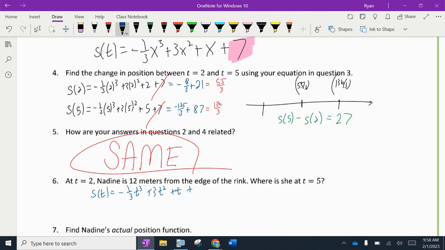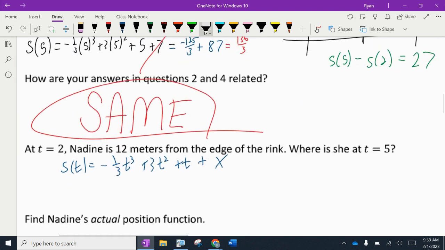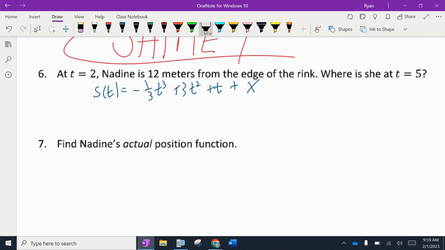What notation could we put at the end to stand for her initial position? We could put x, any variable we wanted to. Now, can you run that through? How do you plug the 2 and the 12 into this equation to find the value for x?